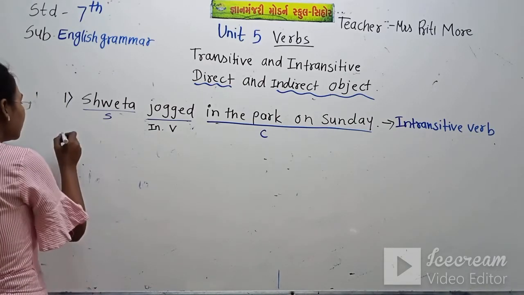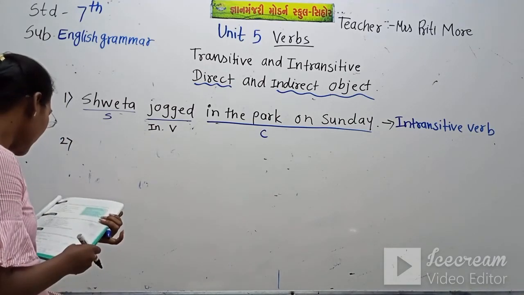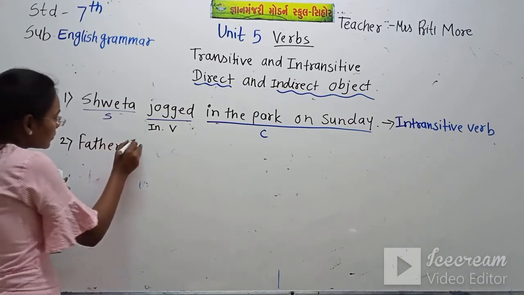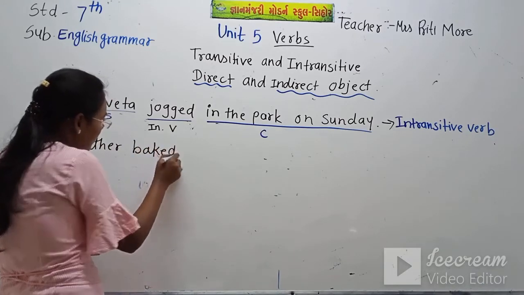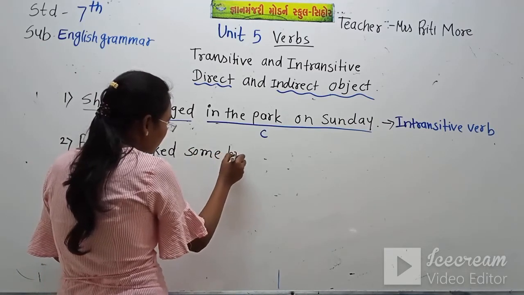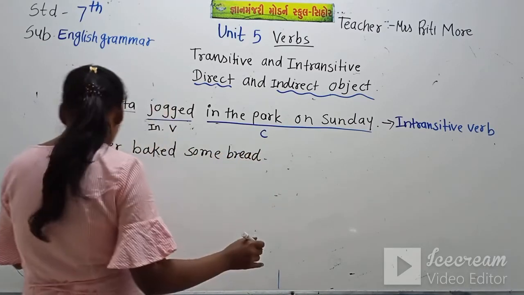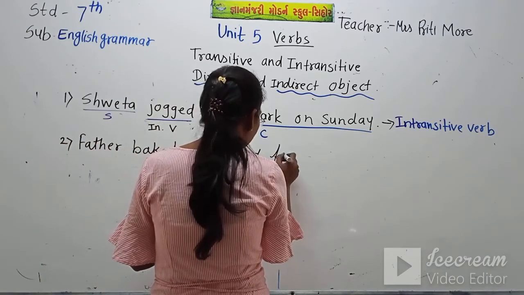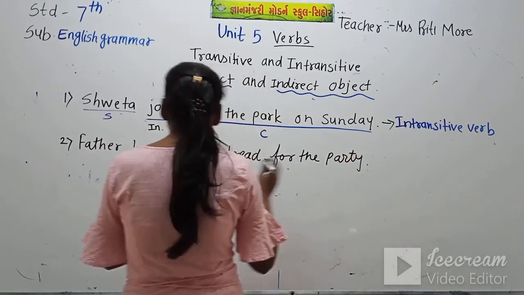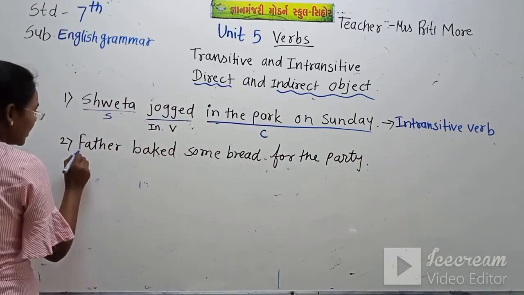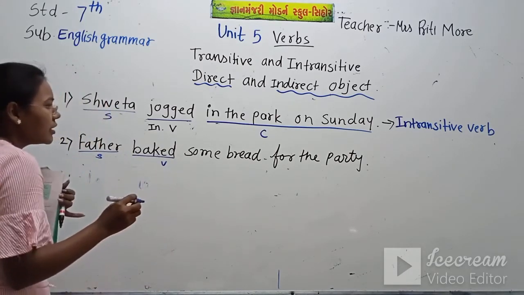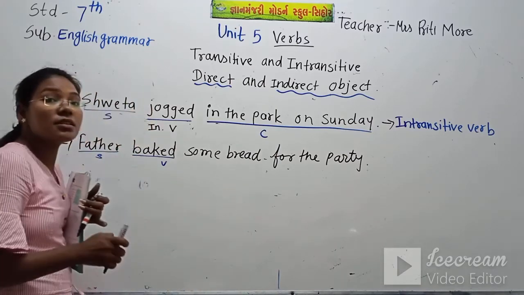Now the second one: father baked some bread for the party. Now father is the subject, baked is the verb, and bread is the object.